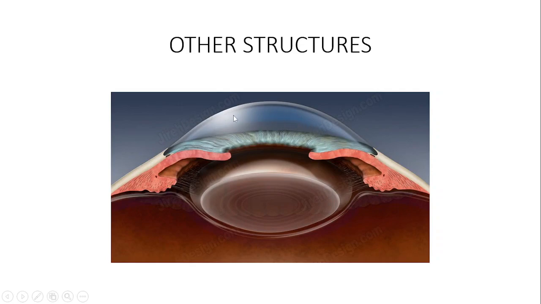The aqueous humor. In that same way, the posterior chamber, whose borders include anteriorly the posterior surface of the iris and posteriorly the anterior surface of the crystalline lens, also contains aqueous humor.